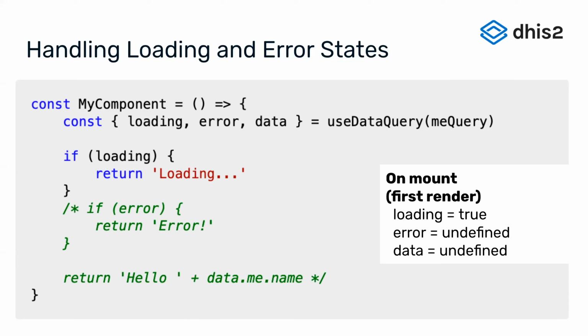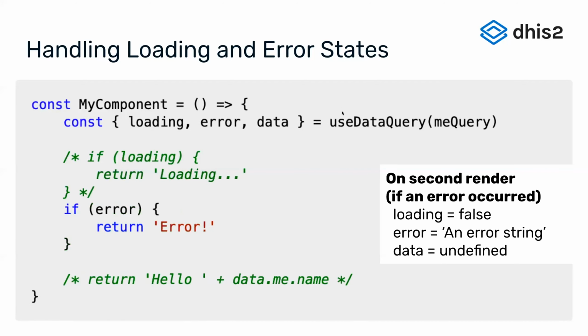Then we've said that we've started this HTTP request across the network that might take 100 milliseconds, for instance, or maybe even takes a full second to go across the network, find the server, come back, and then you know at that point whether there's an error or you have a success and have some result to display. So the second render, you have two options. The first is if an error occurred.